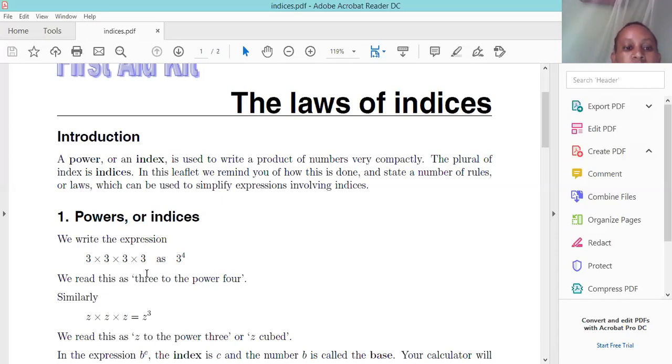But more importantly, we would want to know when the base is the same. For example, if you have to look at the expression on the 3 times quite a number of the same element raised to a given power, how do we go about solving such problems?